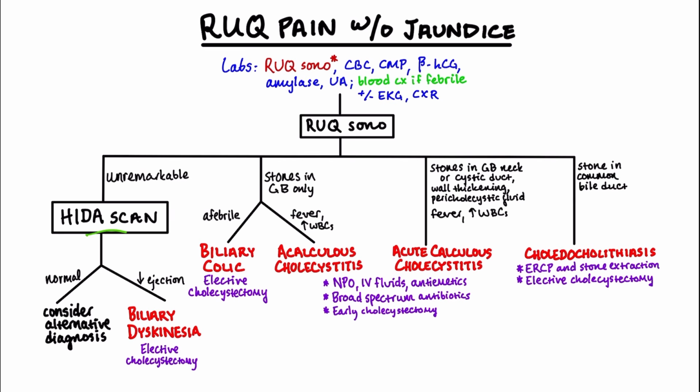However, if they do have a fever and an elevated white count, you may be dealing with acalculous cholecystitis. Look for risk factors like being hospitalized or having some other disease process. If there are stones in the gallbladder neck or cystic duct, you know what you're dealing with. This is acute calculous cholecystitis.